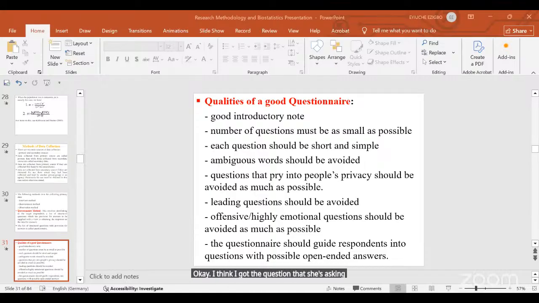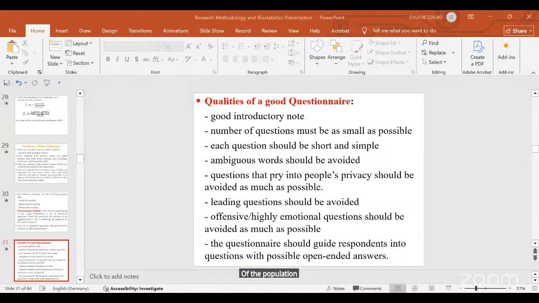I think I've got the question that she's asking. Whether it is a table, whether it is a figure, whether it is not a figure, but it has been published and there is a creative commons where it is said that maybe no part of this work should be reused without the written permission of the publisher.